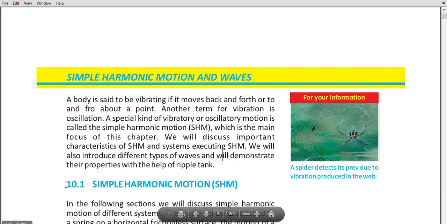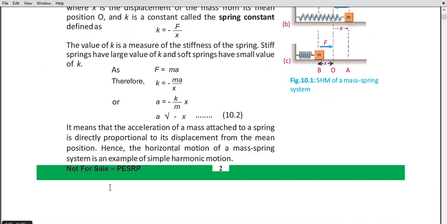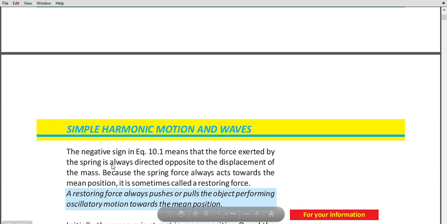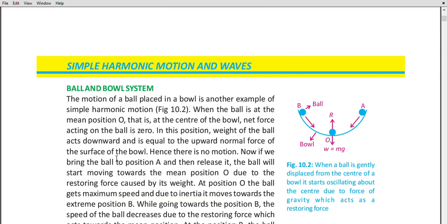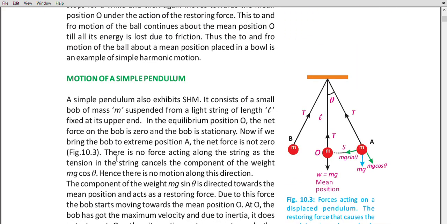So before we start this, 10.1, the topic's name is simple harmonic motion, but the definition is not given at the very start of the topic. So we'll jump to the definition by leaving this page. This was page number 2, and then page number 3, page number 4, 5.